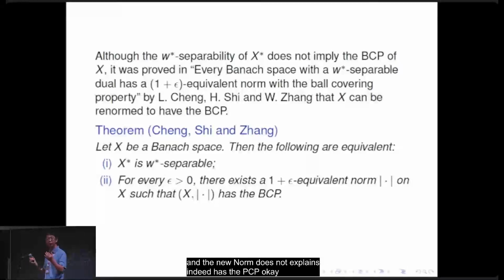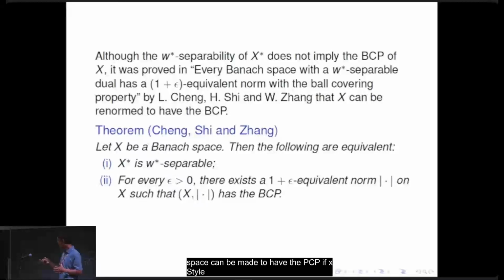By a small perturbation, the space can be made to have the BCP if X star is weak star separable. However, this theorem doesn't have a control of the radius of the covering balls.